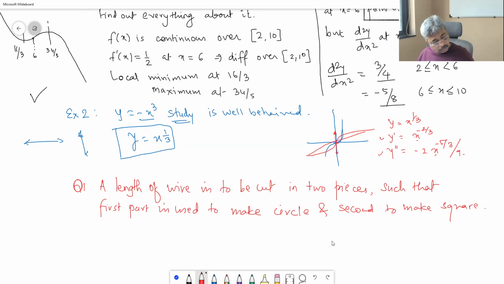The first part is used to make a circle, and the second to make a square. Find the cut.